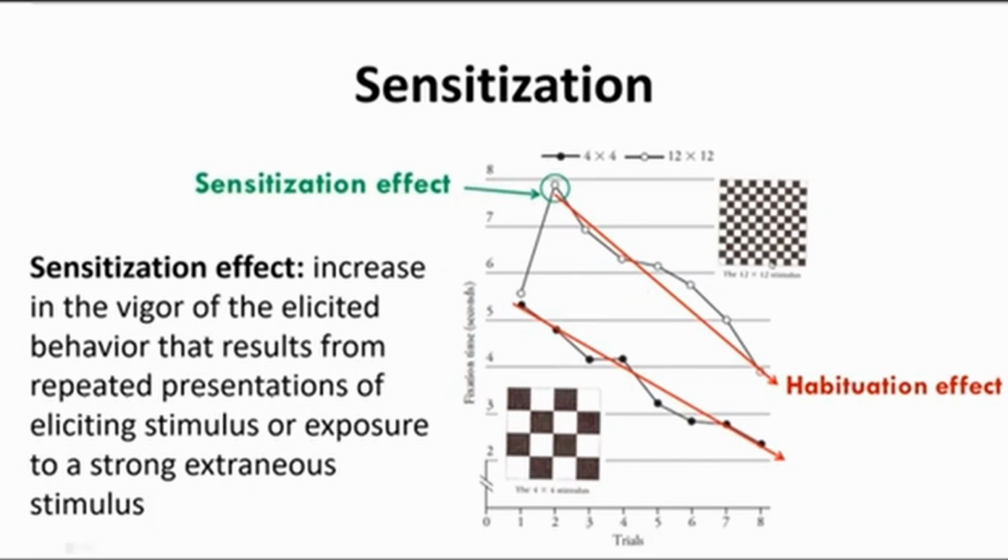So as a refresher, that's up on the screen here. So we have our simple stimulus and our more complex stimulus. And initially, the first time they see either of these stimuli, they're going to look at them for about the same amount of time.